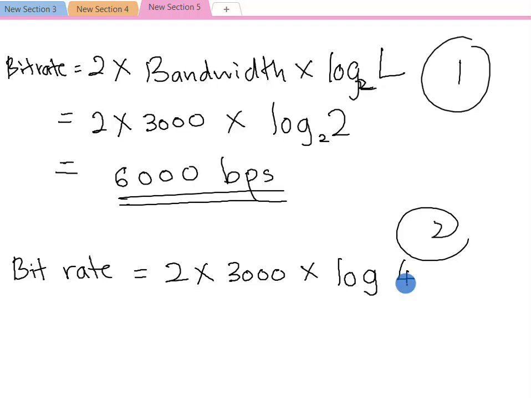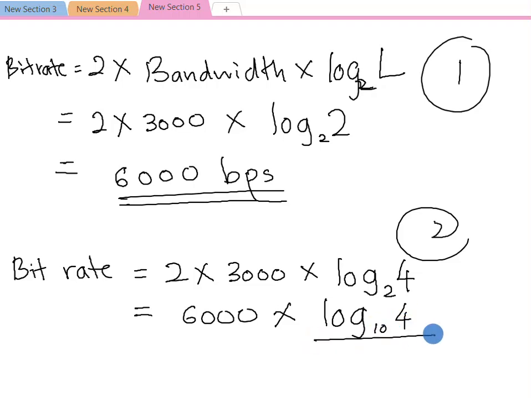So you just substitute the L value, 4. This one is 6,000. Log 4 to the base of 2. You boleh congak je, ataupun konsepnya macam ni sebenarnya. Log 4 to the base of 2 ialah log 4 to the base of 10 divide by log 2 to the base of 10.